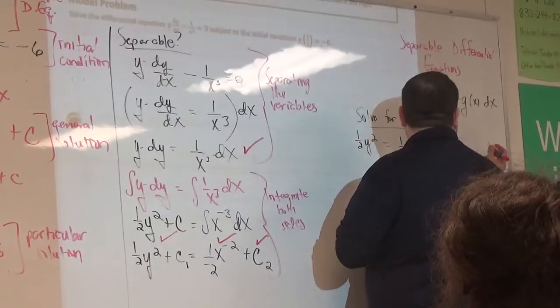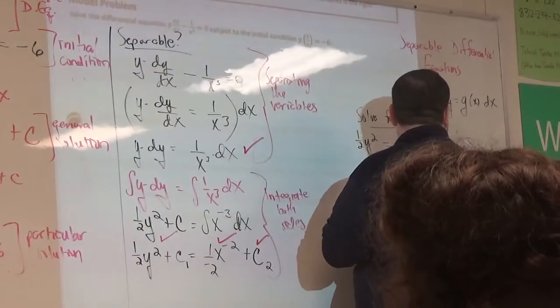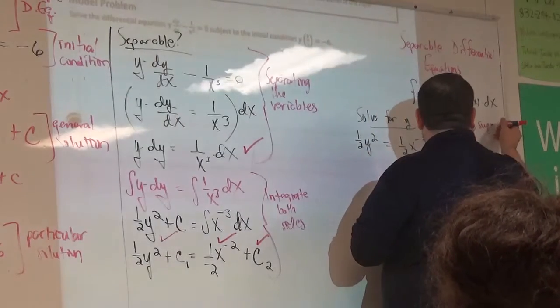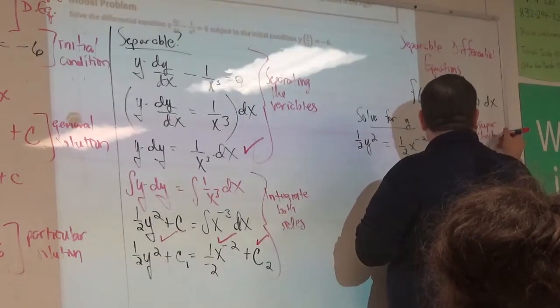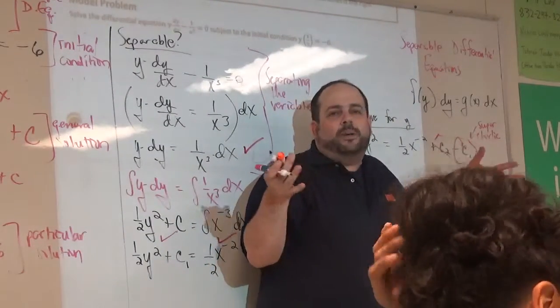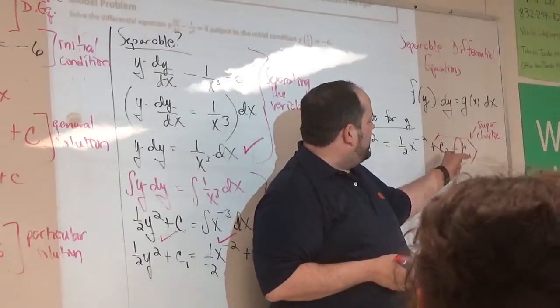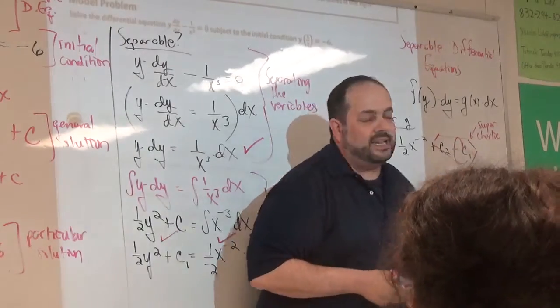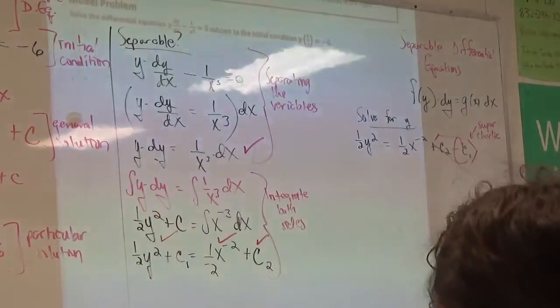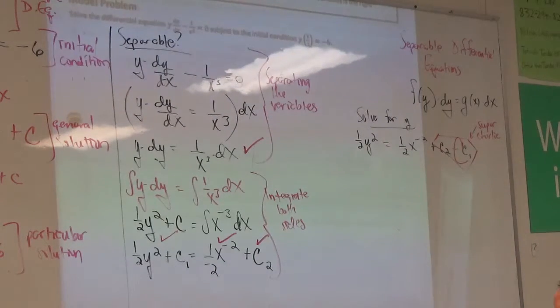For those of you that hang out with the Calculus BC kids, you might have seen them do this thing. I like to call this Super Charlie. Super Charlie has the ability to absorb other constants. A constant that I don't know minus a constant that I don't know is our new class mascot, Super Charlie. We're just combining the constants.